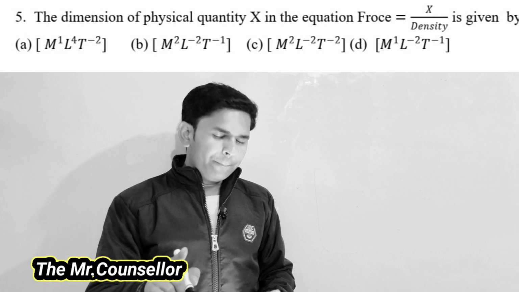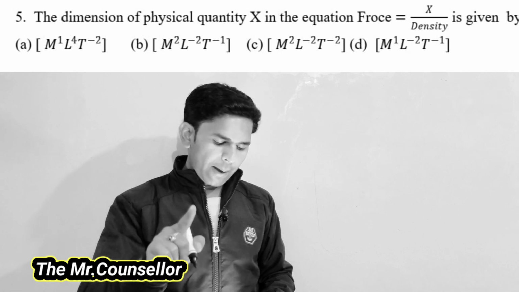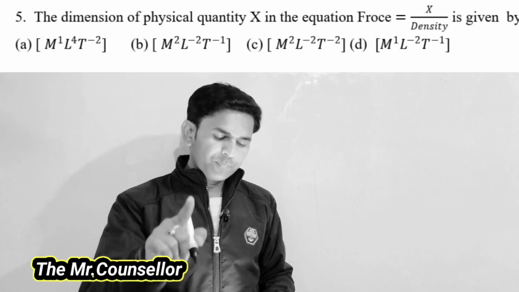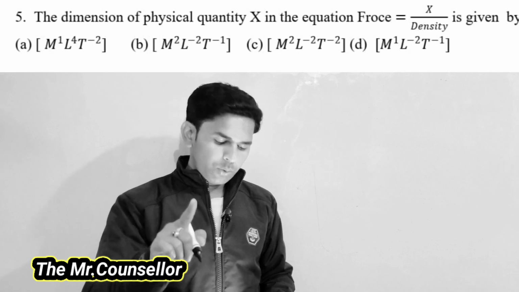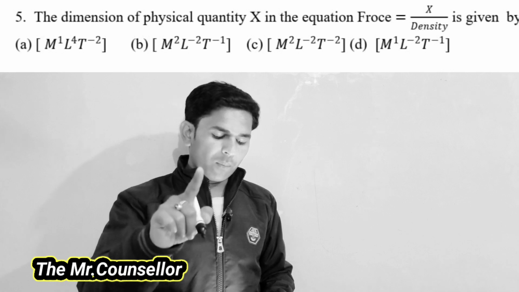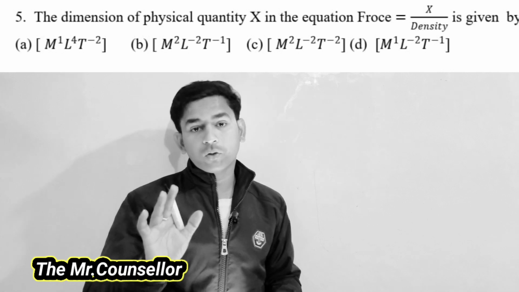Option A: M^1 L^4 T^-2. Option B: M^2 L^-2 T^-1. Option C: M^2 L^-2 T^-2. Option D: M^1 L^-2 T^-1. Is it okay or not?